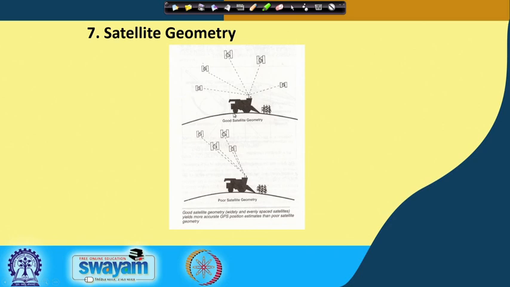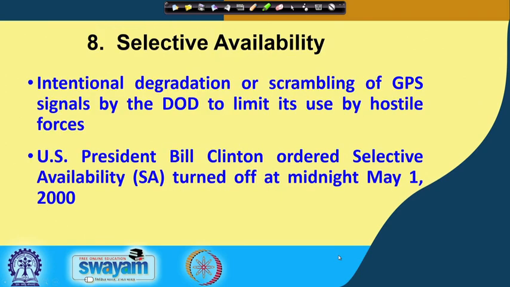So, this is how satellite geometry controls the source of error. Another important term is selective availability. Selective availability is the intentional degradation or scrambling of the GPS signal by the Department of Defense or United States military to limit its use by hostile forces.